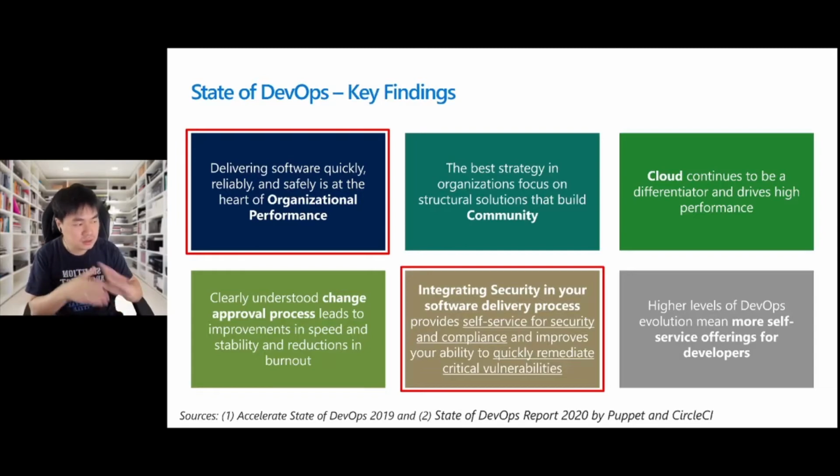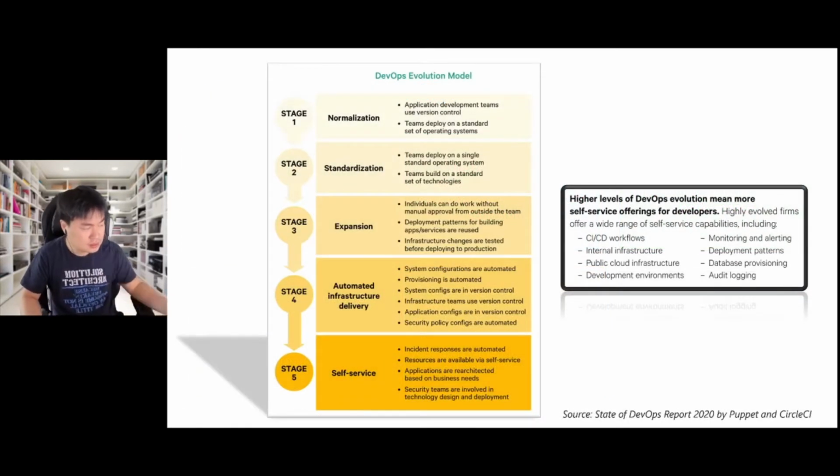Those things now can be automated upon creation of the environment or upon every code change rather than doing all of these things at the end of the development cycle. So those are the two highlights.